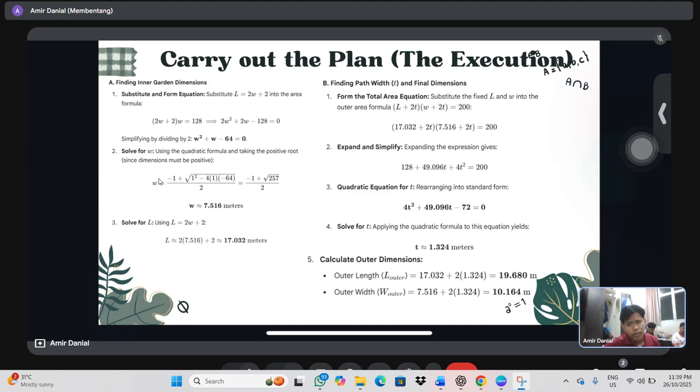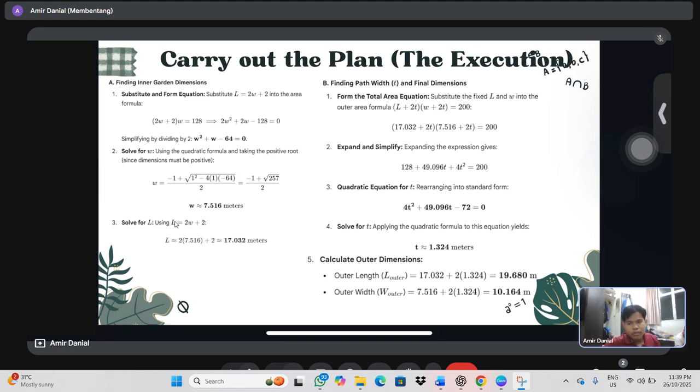W equals minus 1 plus square root of 1 squared minus 4 multiply 1 multiply negative 24, divided by 2, and it becomes negative 1 plus square root 257 divided by 2. So W is 7.516 meters.